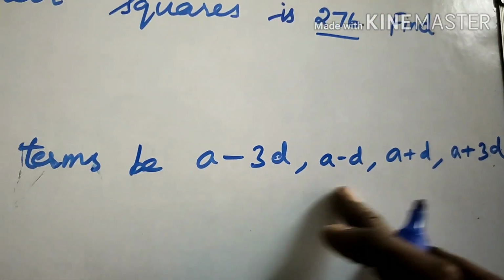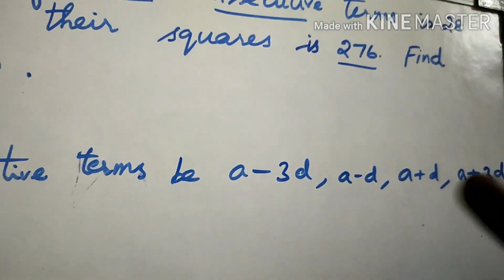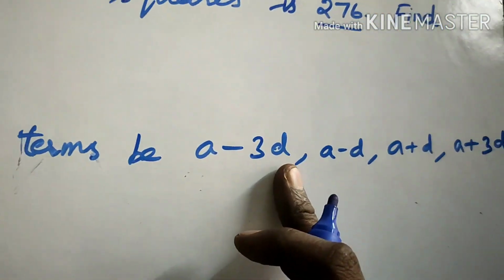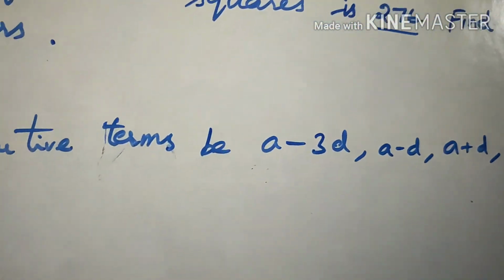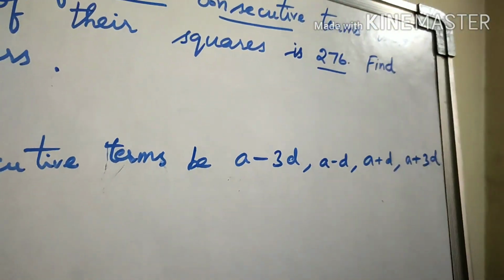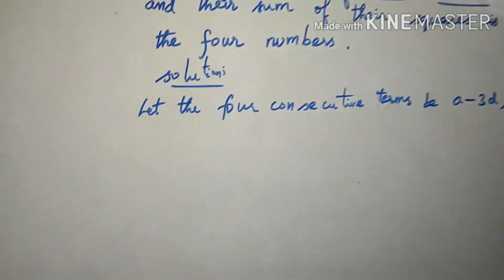Okay, these are the 4 consecutive terms. So again we have to find a and d. If you find them, you can substitute in these 4 terms and you can find the exact values of the 4 numbers. Okay, right.